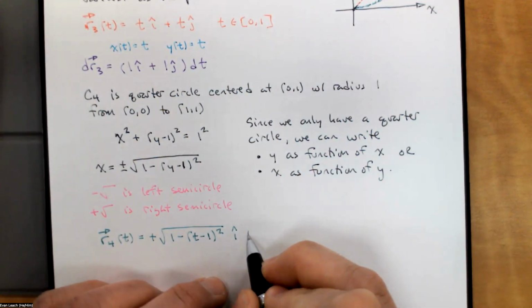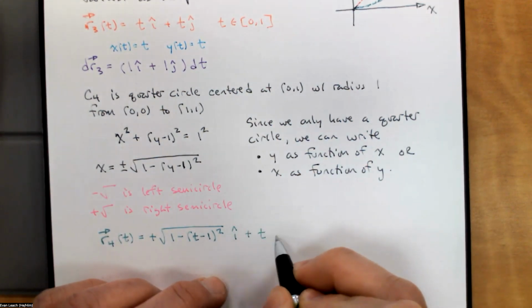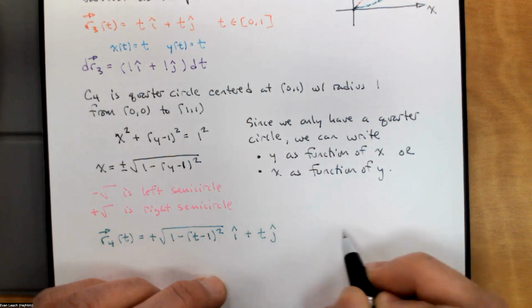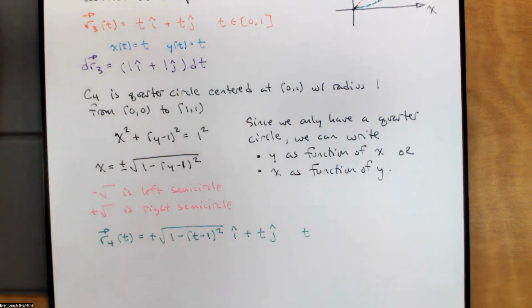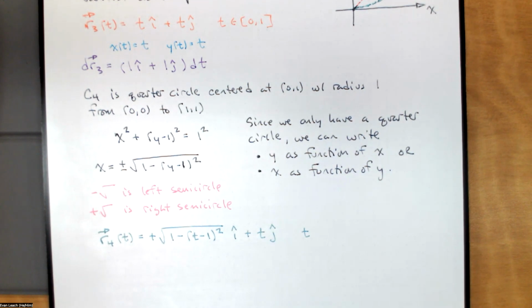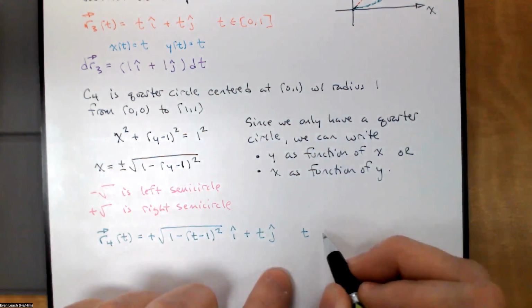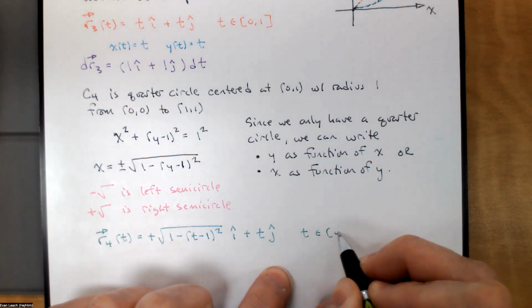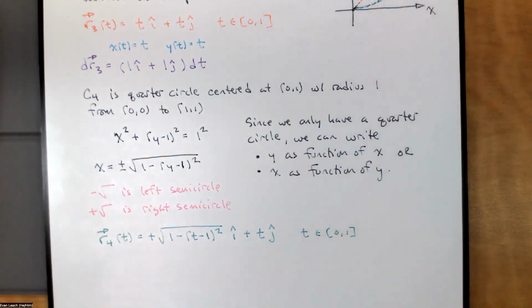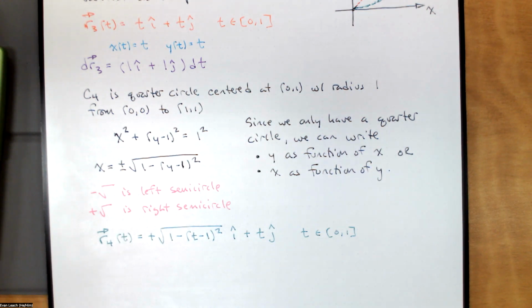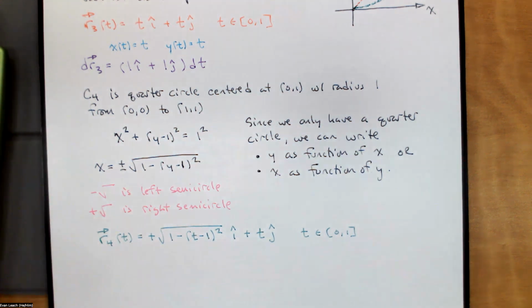And since y is the parameter, that means the y component is just t. This for all values of t, well, all values of t that work, is going to give us the whole semicircle. But if I restrict t to just go from 0 to 1, that will give us the quarter circle. So restricting the values of t limits us to the lower quarter circle.